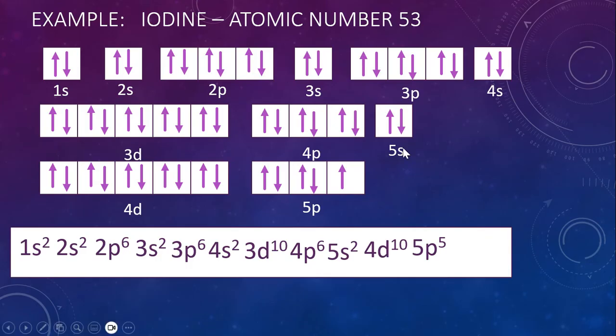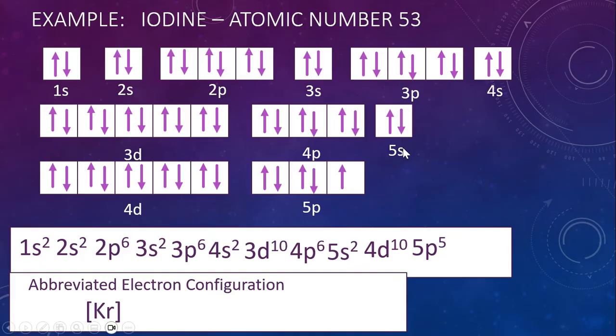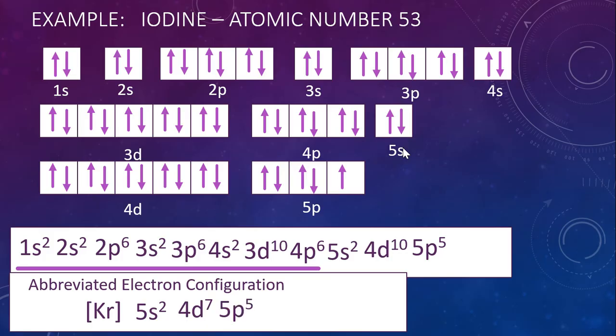So if I were to draw this one out, I would start with krypton. And krypton is all the way out to the 4p. And then I just tack on the remaining parts. 5s2, 4d10. Should have been 10 there. And then 5p5. Technical error here. That should be a 10 right there.